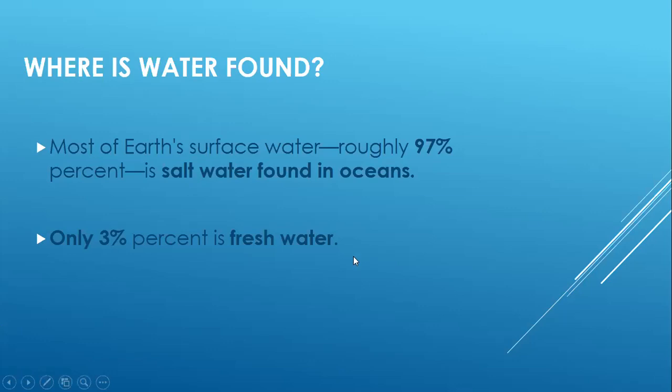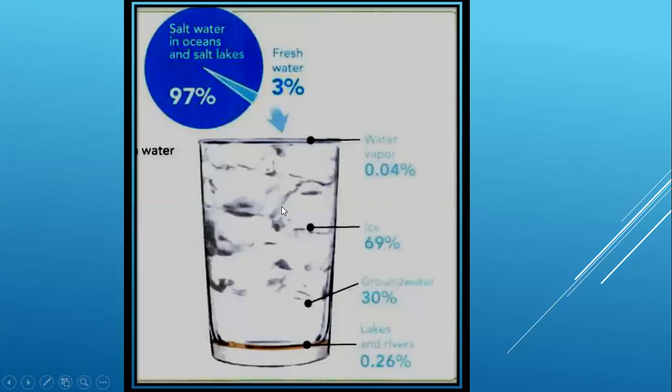So let's see how the 3% is divided. We said that salt water is roughly about 97%, found in oceans and seas, and also salt lakes. The fresh water, this little bar, is 3%. The 3% is divided accordingly. Roughly 70% of the 3% is in the form of ice, so we cannot use it.